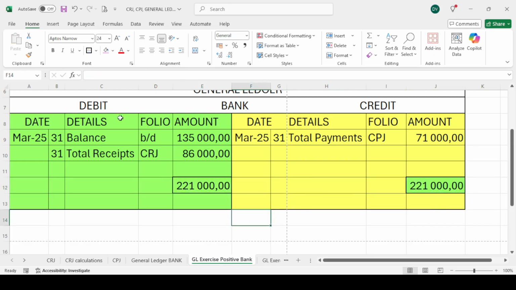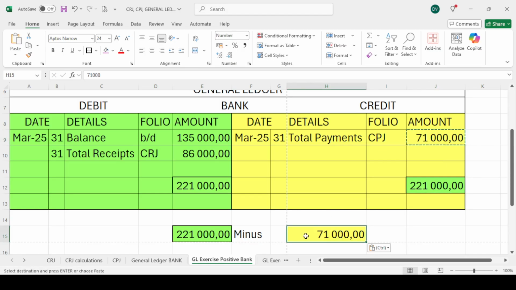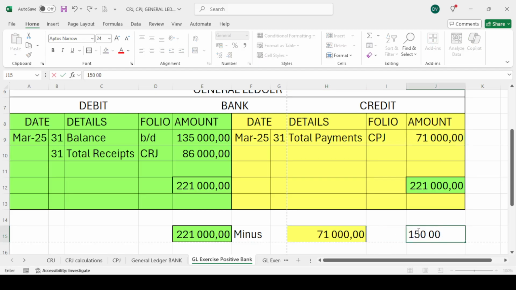But now our left side, our debit side is true because 135 plus 86 does give me 221. But the credit side is not true. We are missing a value over here. We need to work out the missing value. You're going to take your total and you're going to minus your CPJ value. And it's going to give you an amount of 150,000 Rand.